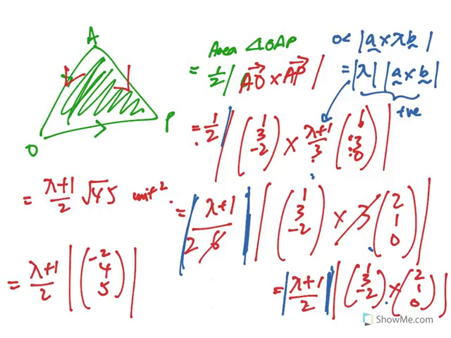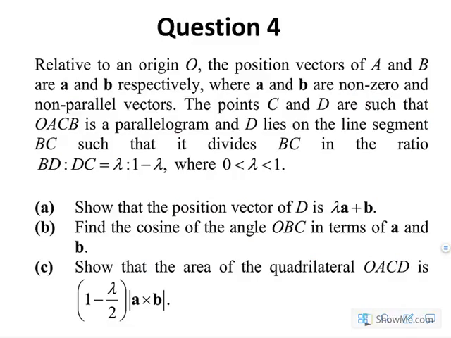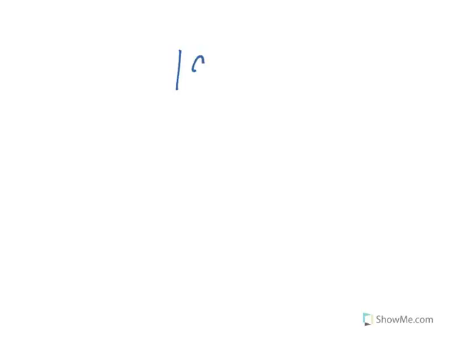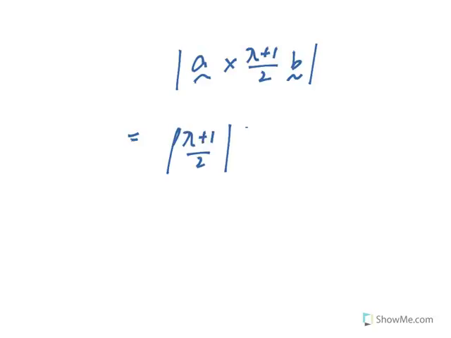Why must it be mod? Did anyone ask? Because here we are doing this. If we take this out, it is this way. Like you said, there is lambda, and lambda is unknown. So that's why you need to mod, to make sure it is positive.